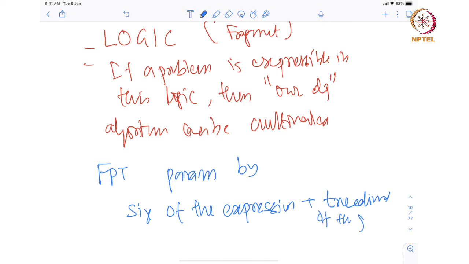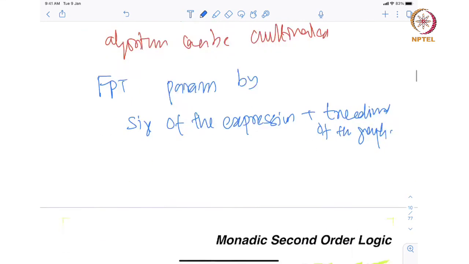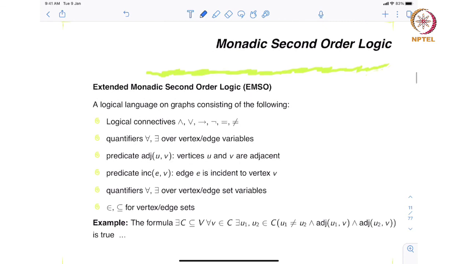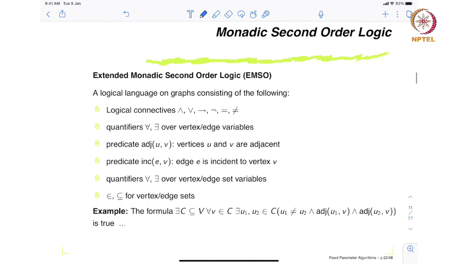of the graph, okay. And this was proved by Courcelle, and this is also called CMSO2, or extended monadic second order logic. So, this is a logical language on graphs, which has the following properties. It has some logical connectives like and, or, implication, not, equal. There are quantifiers over, for all and there exists, over vertex and edge variables.